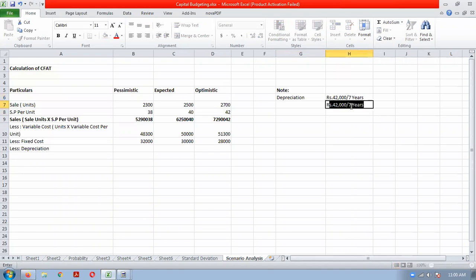So it will be rupees 6,000. Depreciation is 6,000 in all the three cases.